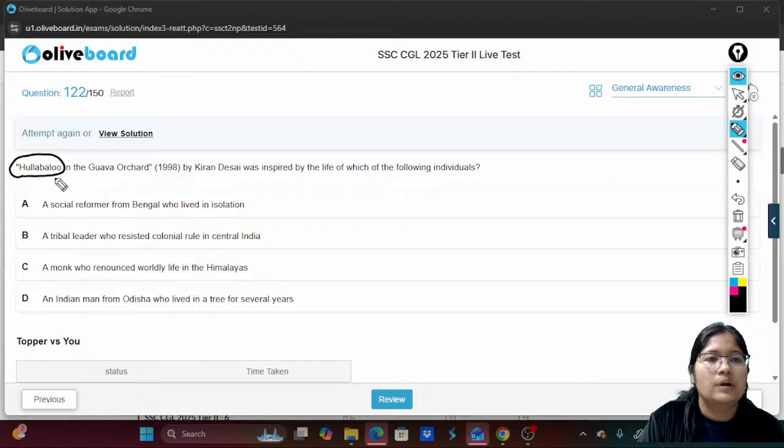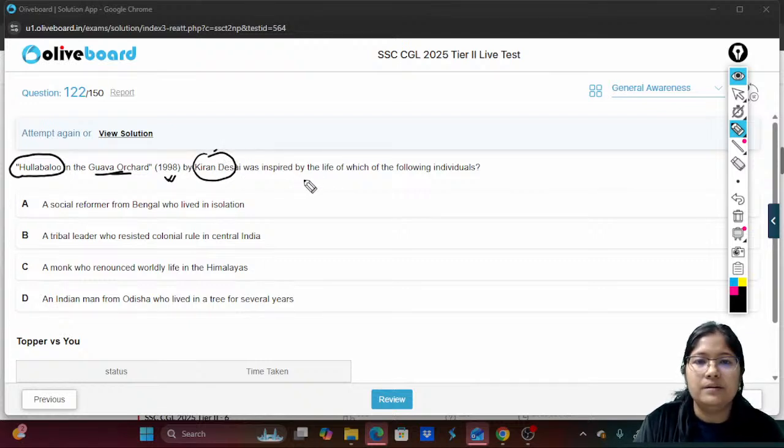Hullabaloo in the Guava Orchard, 1998, by Kiran Desai was inspired by the life of which of the following?